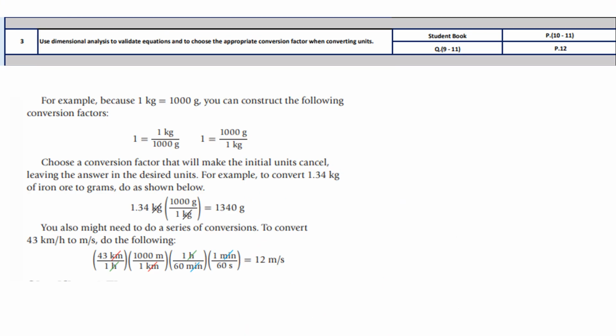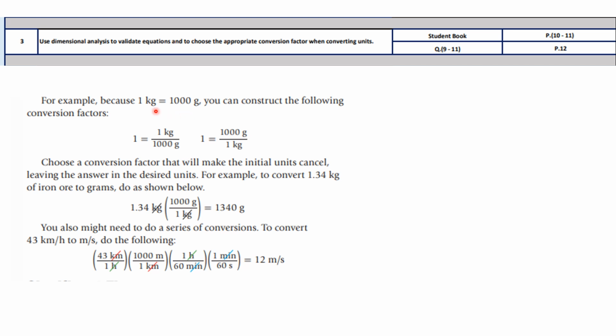Moving on, this leads us to the third point, dimensional analysis, the relationship between the units themselves. As you already know, 1 kilogram is equal to 1,000 gram.